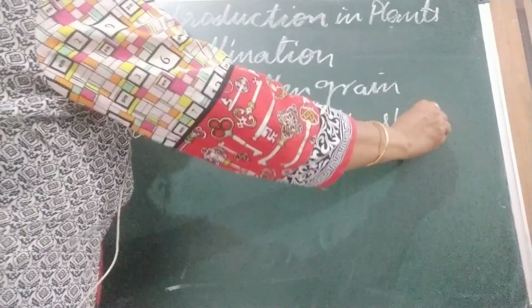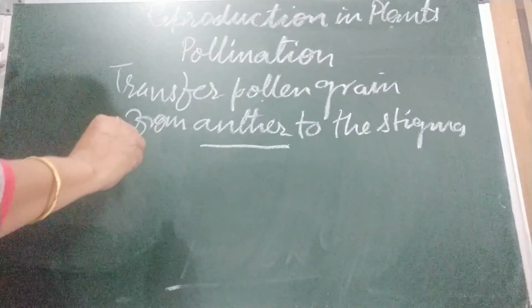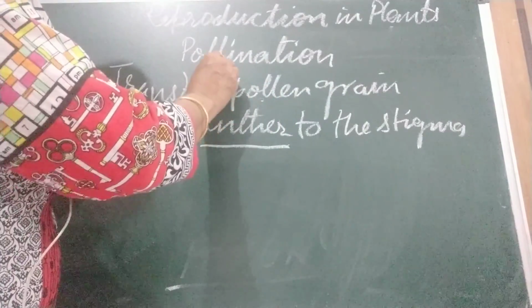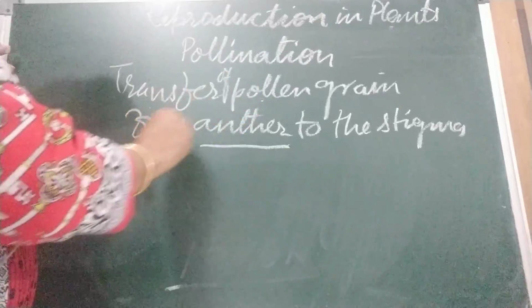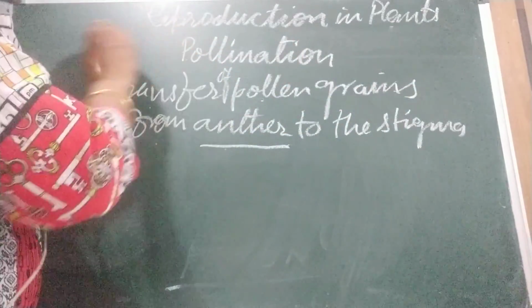Now you all remember what is anther. Inside the anther, what is there? Pollen grains. So the transfer of pollen grains from anther to the stigma is called pollination.